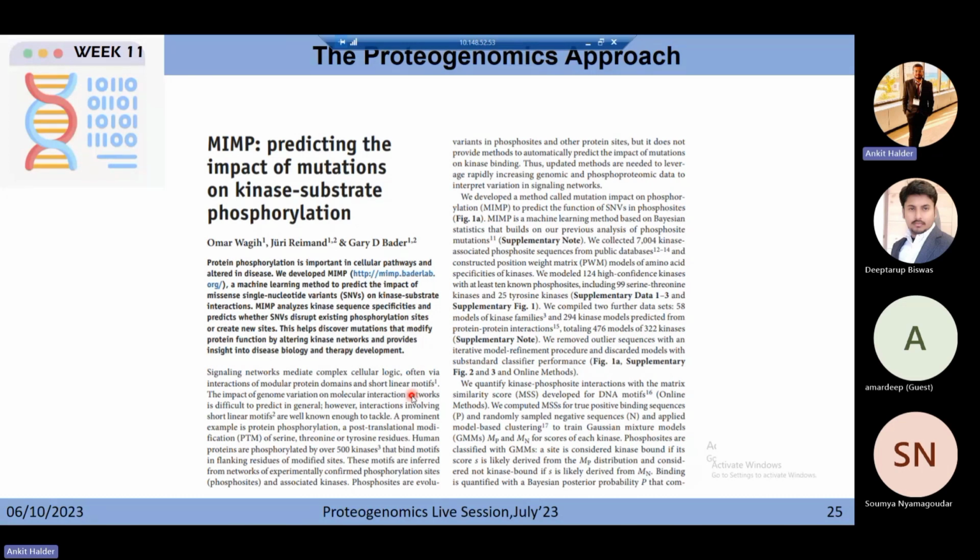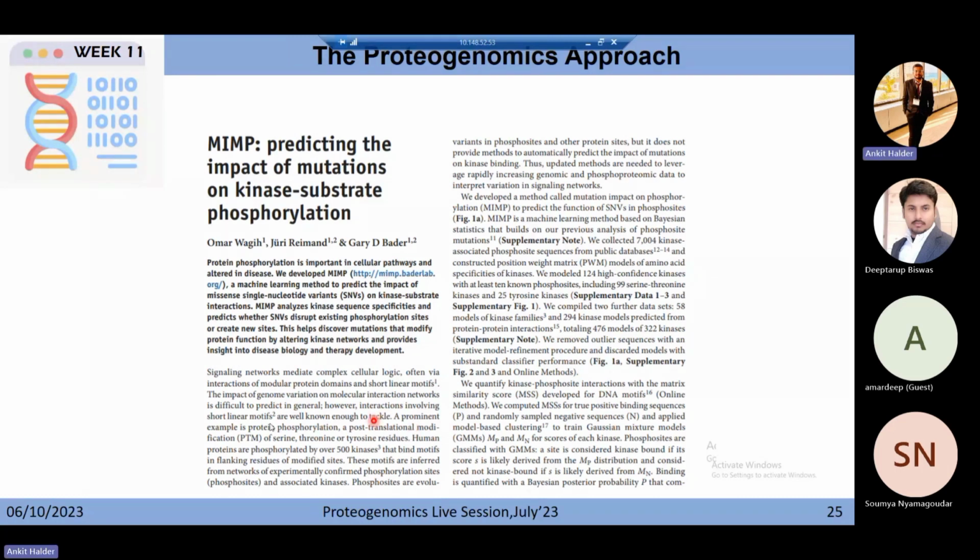The impact of genome variation on molecular interaction networks is difficult to predict on the whole; however, interactions involving short linear motifs are well known enough to tackle. I am giving this so that you can get the idea of the implications of this kind of tool and how effective it is for understanding disease biology and therapy development.